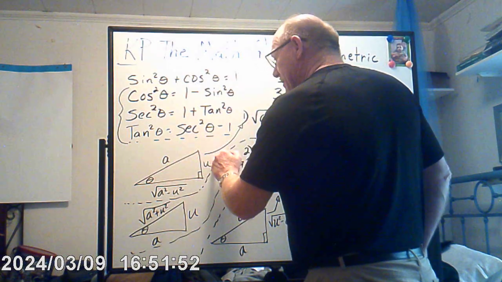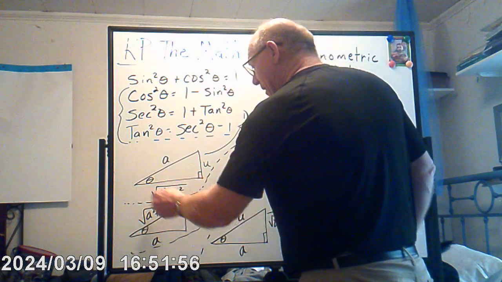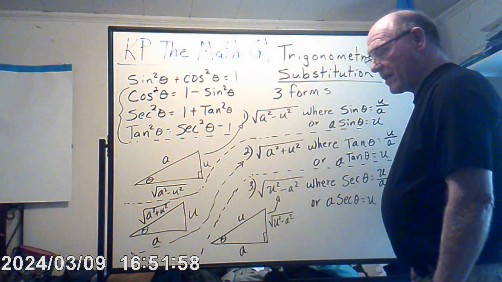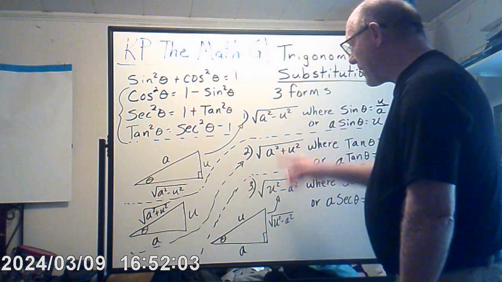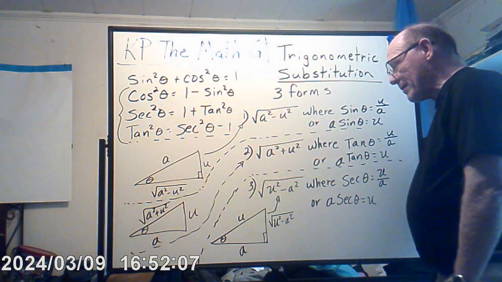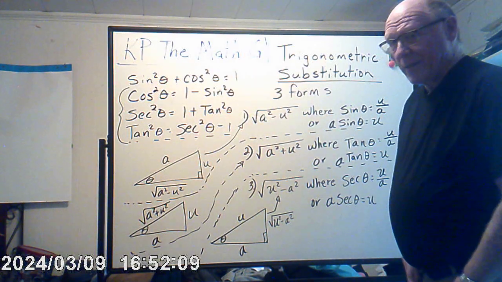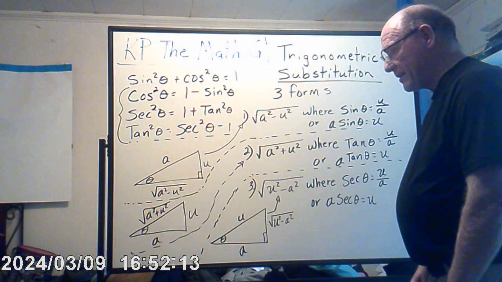Opposite of theta over the hypotenuse. And then the other side is the square root of A squared minus U squared. That's where this comes from right here. We're going to be substituting in the X, and that's why I want to show you these X values.